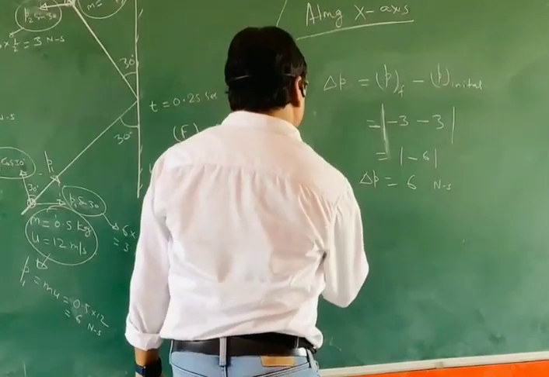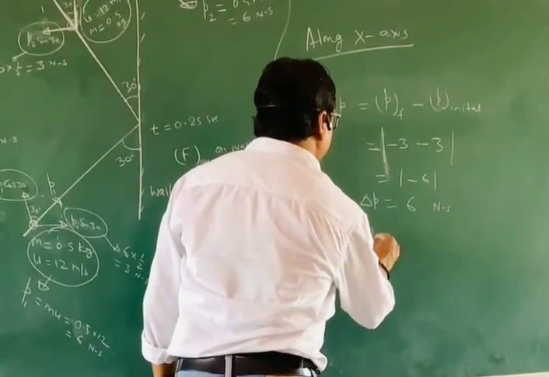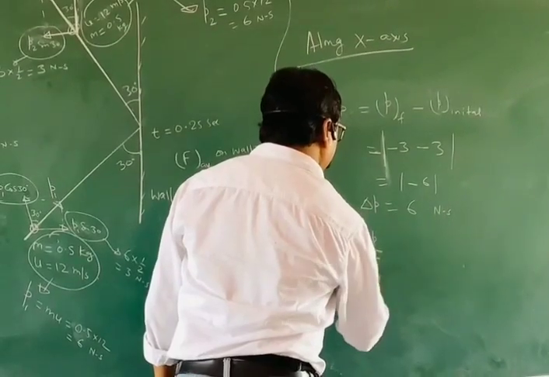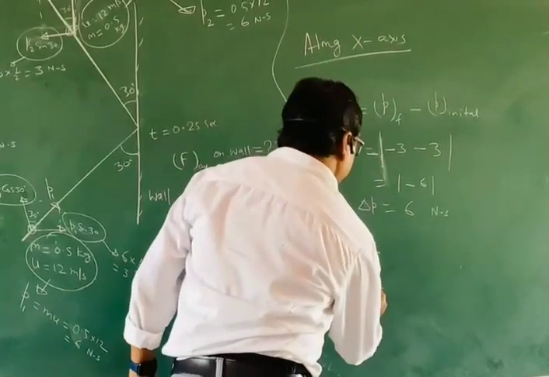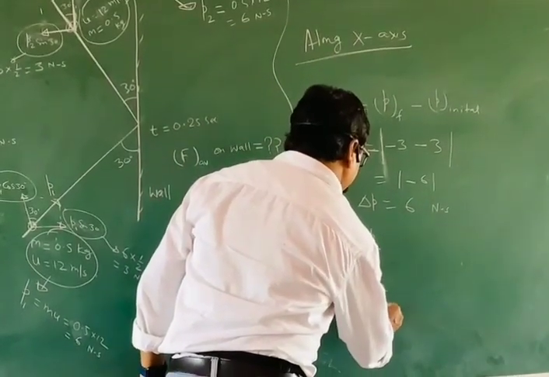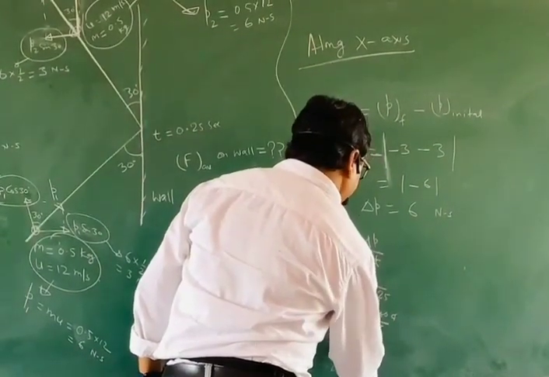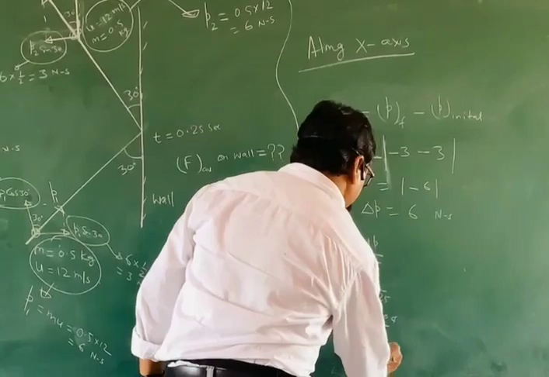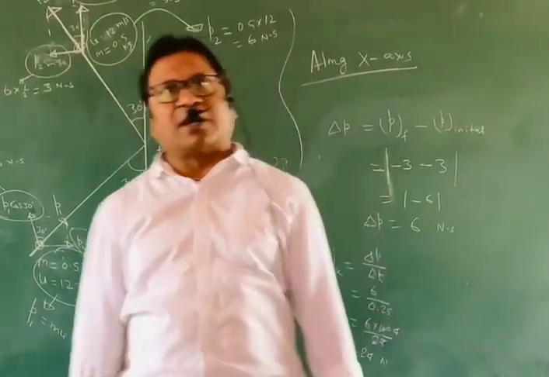So force along x-axis is how much? Delta P upon delta T. So delta P is 6 and this T is basically delta T, so it is 6 into 100 by 25. So this is 24 Newton. 24 Newton along x-axis. Any problem?